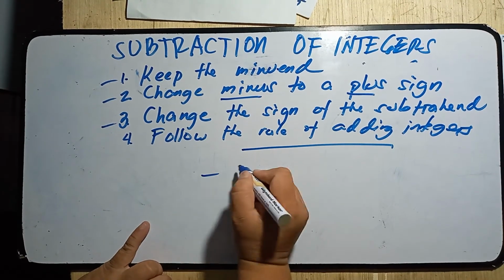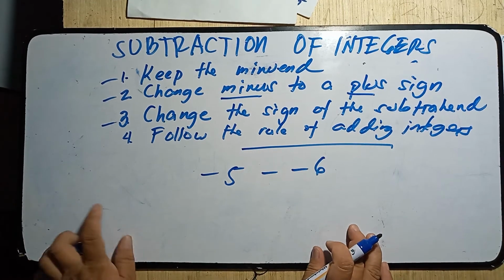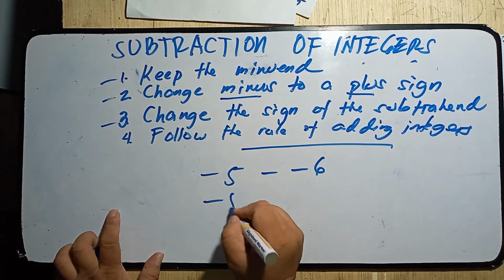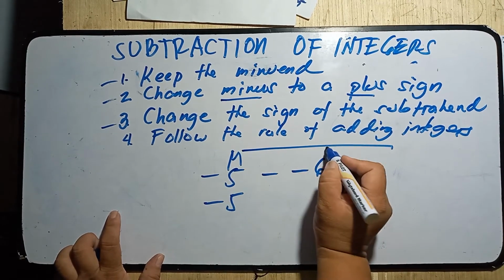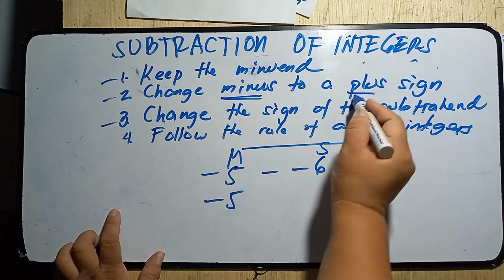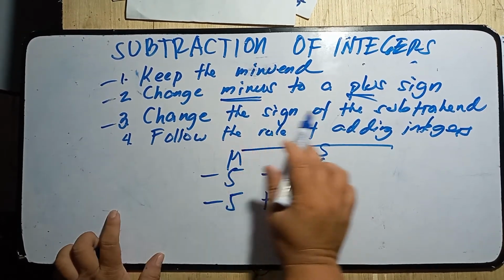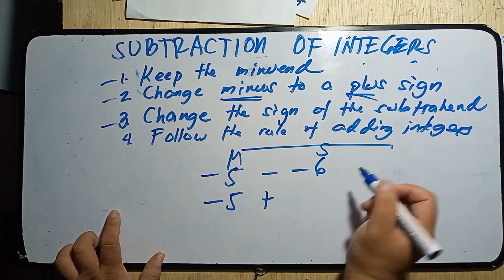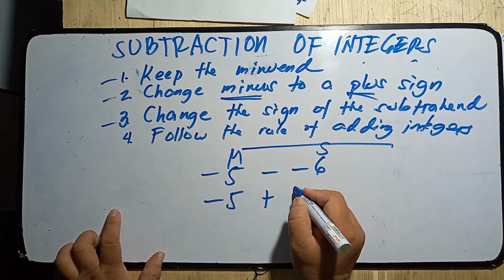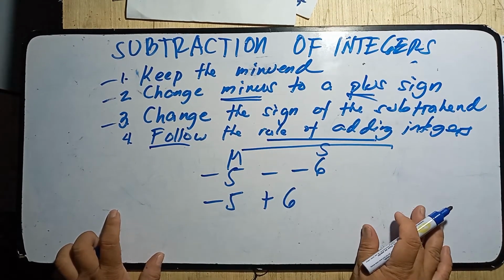For example, negative 5 minus negative 6. First, keep the sign of the minuend. So this is the minuend and this is the subtrahend. Then, change minus to a plus sign, minus, plus. Change the sign of the subtrahend. So the subtrahend is negative 6. So, that will become positive 6. Then, follow the rule in adding integers.